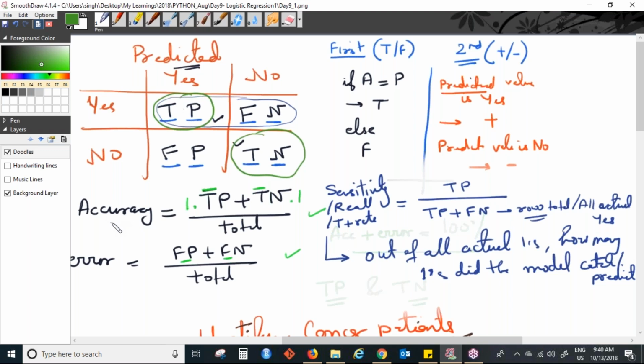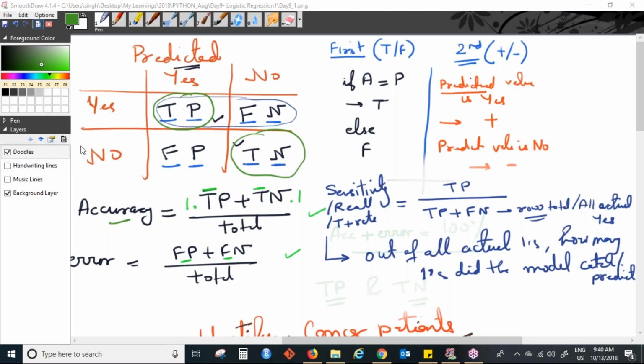But accuracy gives equal importance to both true positive and true negative, which is not good. So we have another parameter called sensitivity or recall, which only gives importance to true positive. It does not look at true negative at all.